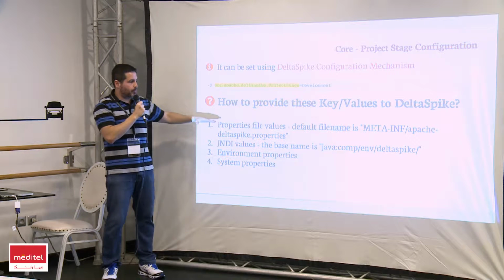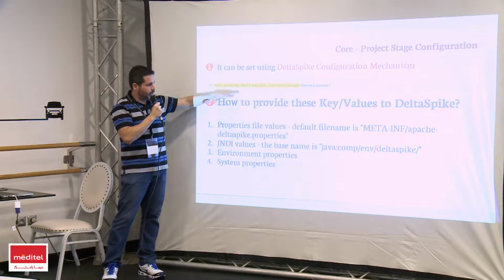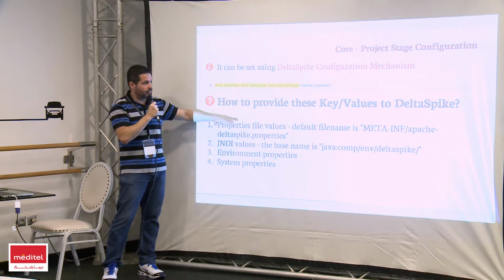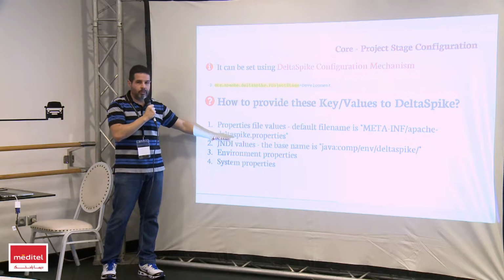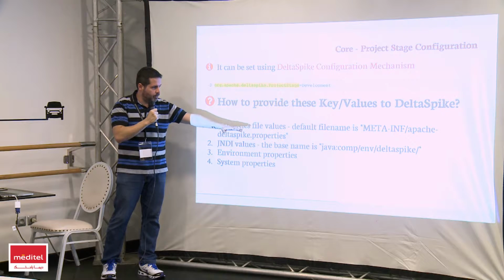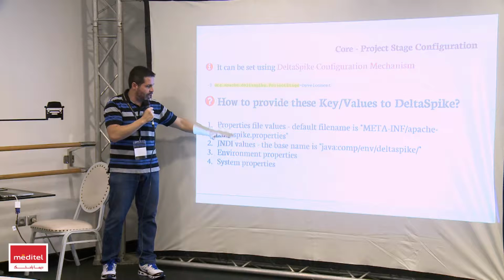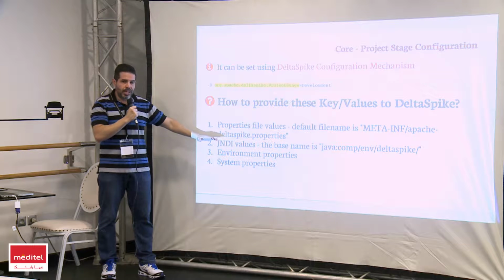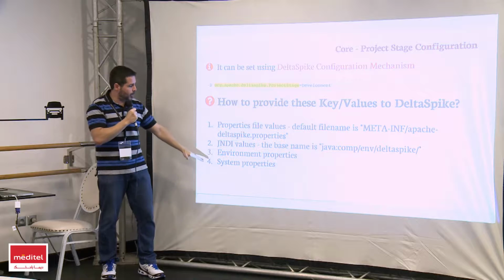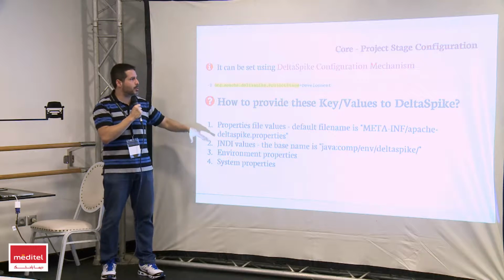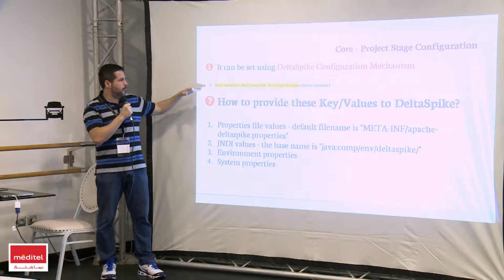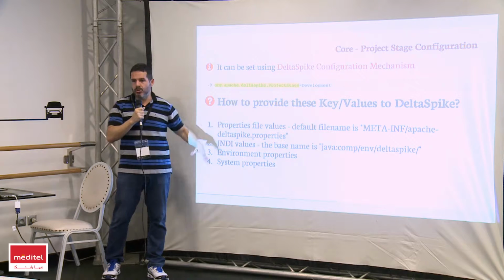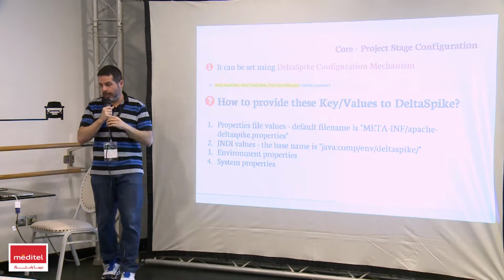If DeltaSpike does not find the configuration in this file, it will look in JNDI in the following path. If it does not find the value there, it will look for environment variables. And if it does not find it there, it will look at the system properties. System properties is like when you are starting the JVM, you place java -D and the configuration value. This will overwrite all the previous values, okay?